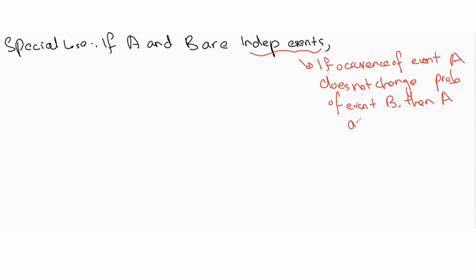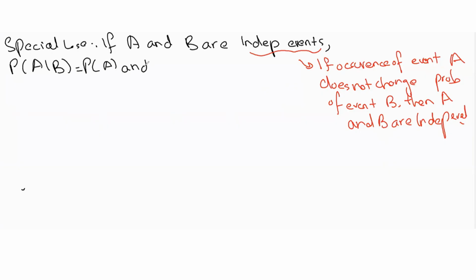If they're independent events, we know the conditional probabilities are the same as the unconditional probabilities. Probability of A given B would be probability of A, and probability of B given A is probability of B. Because they are independent events, the occurrence of event A will not change the probability of event B. So probability of B given A is probability of B.